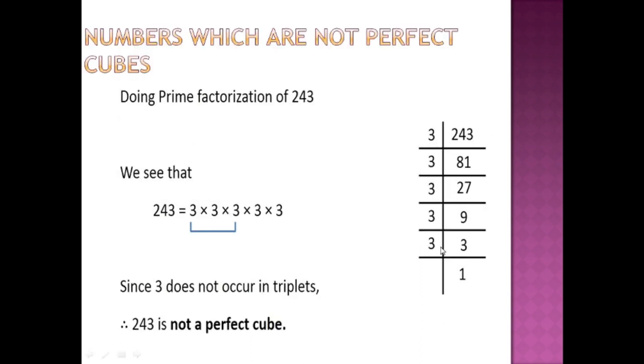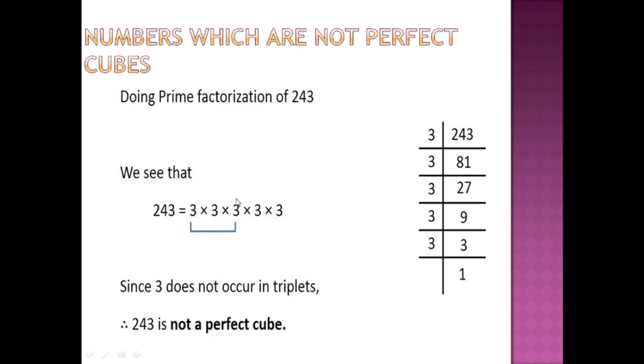We will take an example of a number which is not a perfect cube. I have taken an example of this number, 243. First of all, find all the prime factors of this number. Write all these prime factors here.